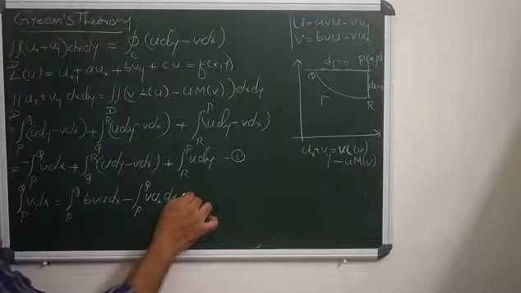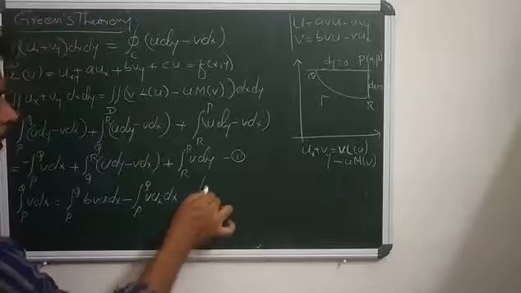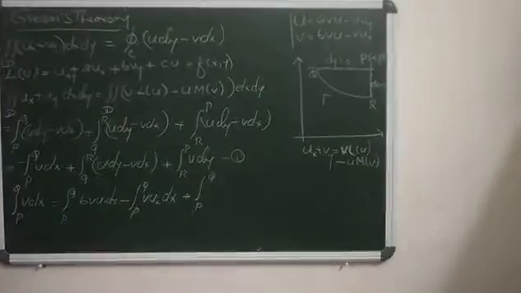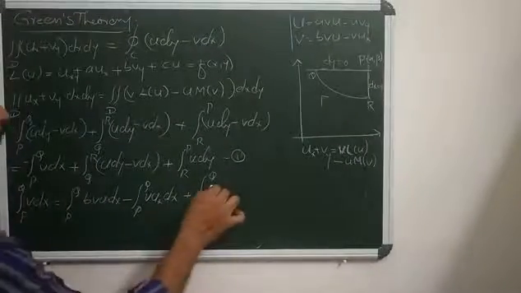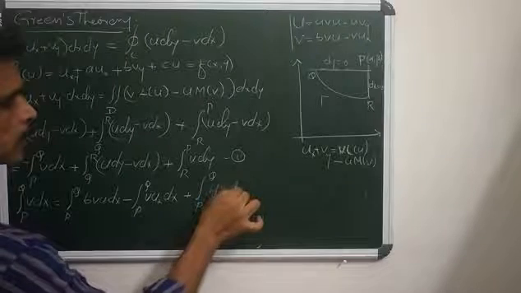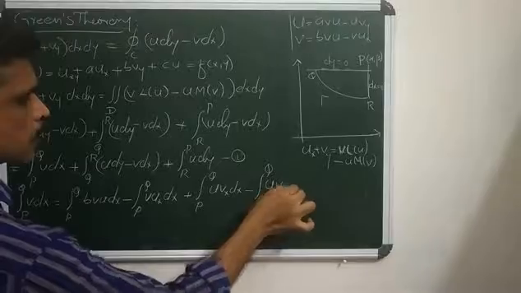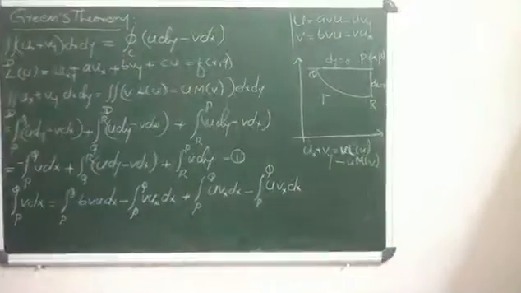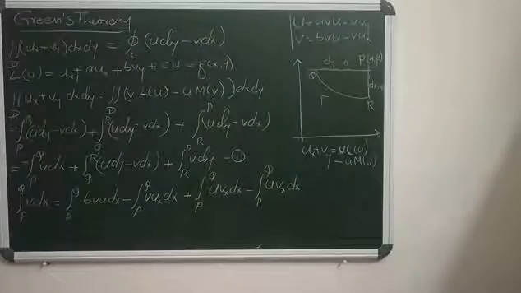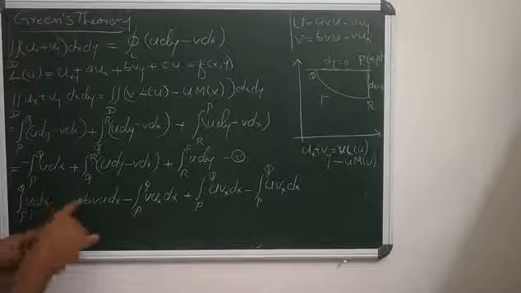Then, introducing a term here, plus the integral along PQ of u v x dx minus the integral along PQ of u v x dx. Introducing u v x dx and minus u v x dx simultaneously there. So what do I get? That equals the integral along PQ.